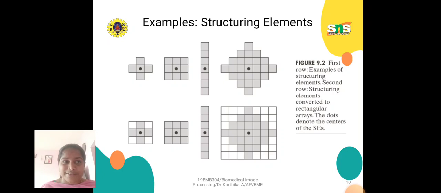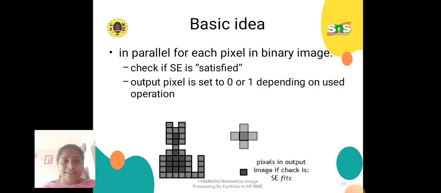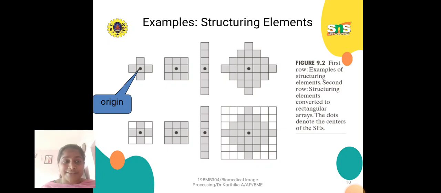The second row represents the structuring elements converted to rectangular arrays. The dots denote the centers of the structuring elements. Here the first one represents the origin, and the final one represents the centers of the structuring elements.